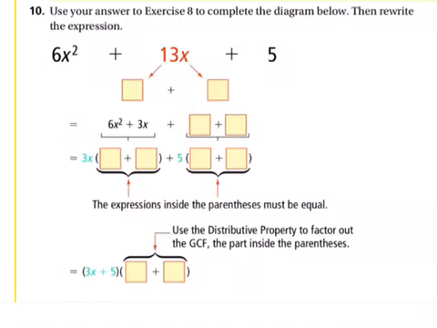Using the 3 and the 10 that we determined would multiply into 30 and add to 13, we see that 13x becomes 3x plus 10x. Now I've purposely put the 3x first because 6x squared and 3x have a common factor of 3x, and x squared and x have a common factor of x. 10x and 5 have a common factor of 5.